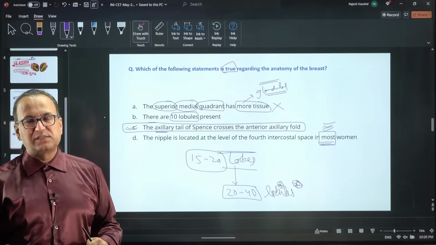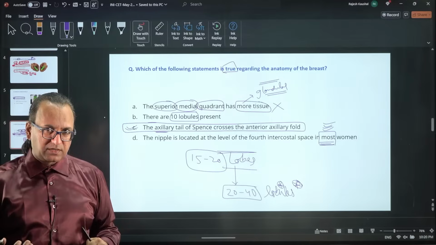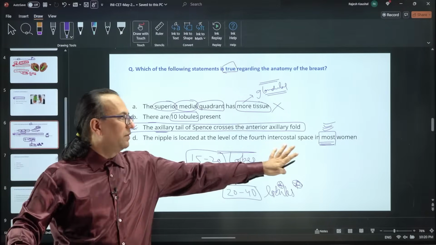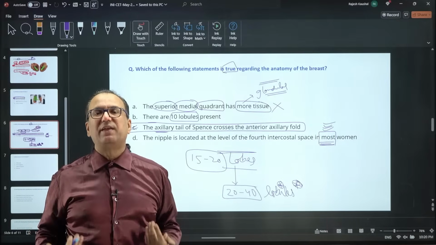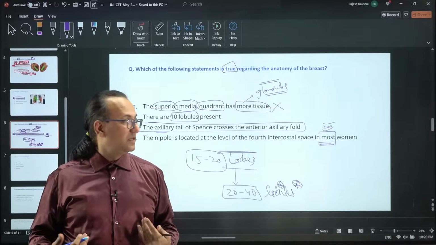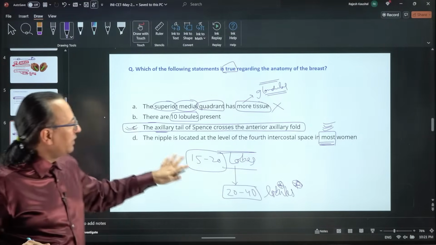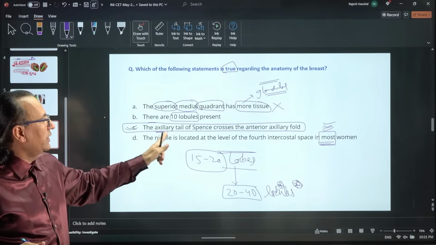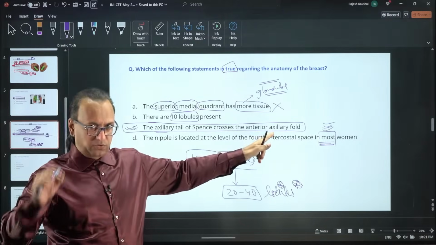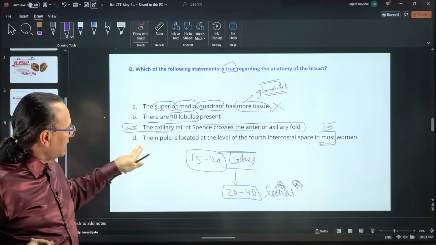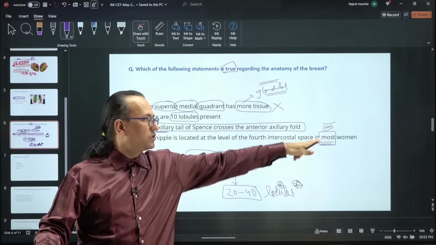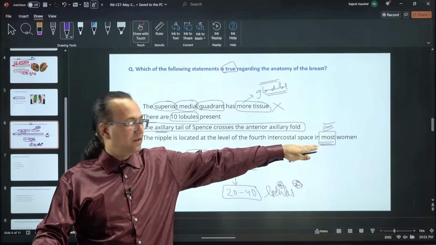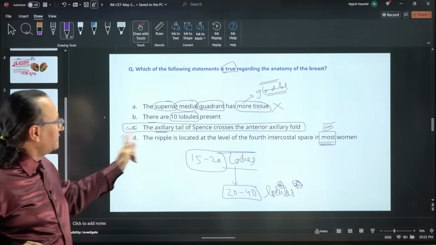The level of the nipple in most women is usually inferior. Anatomically it is a correct statement, and if you read B.D. Chaurasia-like books, they will say that it is perfectly fine, but if you say most women, then it doesn't fit well. So the best is choice C.